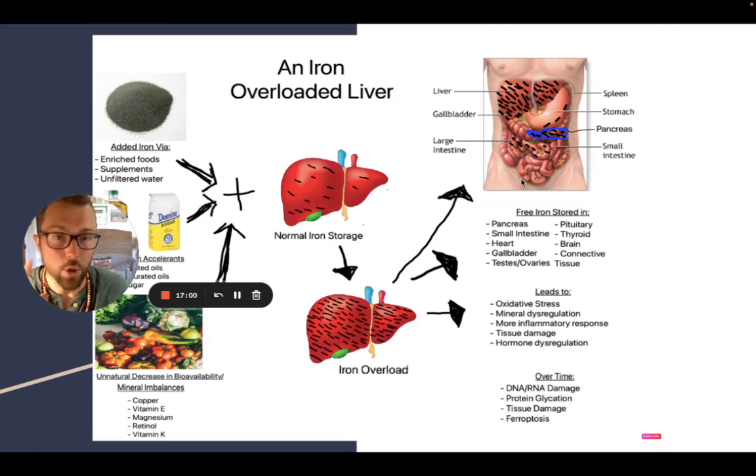So when you look downstream from the liver, an overloaded liver, what are some of the organs that have a protein that would make it more likely to take in iron? Maybe something like hepcidin, right?